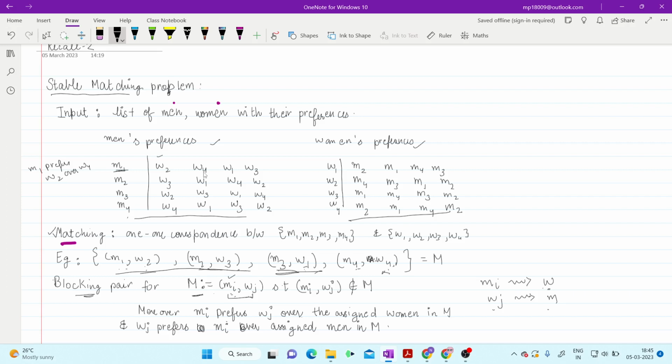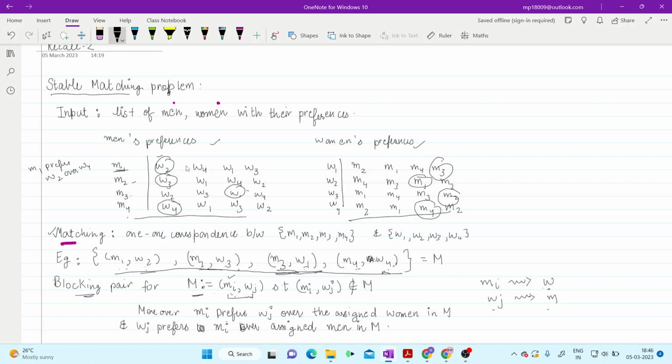So in this case I am taking this as my matching: M1W2, M2W3, M3W1 and M4W4. Similarly, on the women's side, W2 goes to M1, W3 goes to M2, W1 goes to M3 and W4 goes to M4.